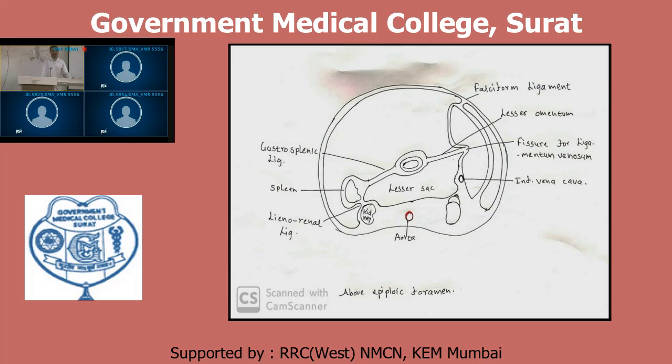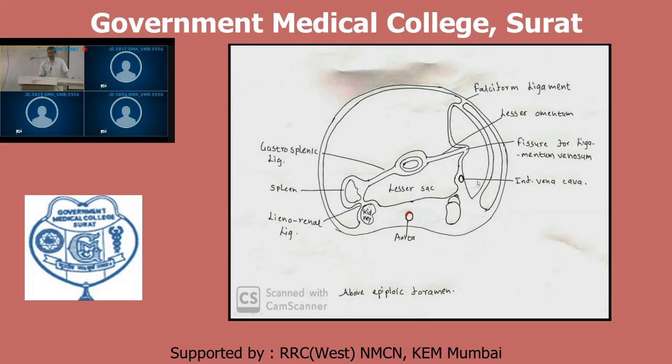Peritoneal deflection covers completely inner aspect of this lesser sac, and now there is lesser omentum, and this lesser omentum from stomach will show attachment to liver. Which structure, which part? Fissure for ligamentum venosum. We have already covered this attachment of this peritoneum in relation with liver.